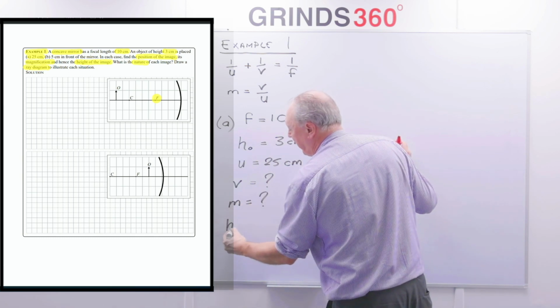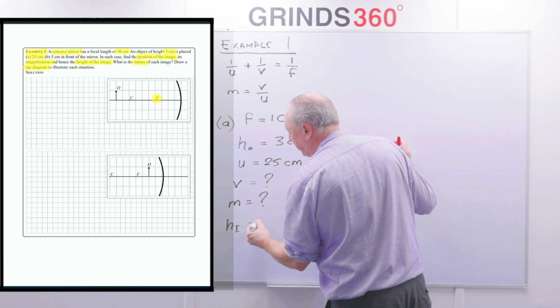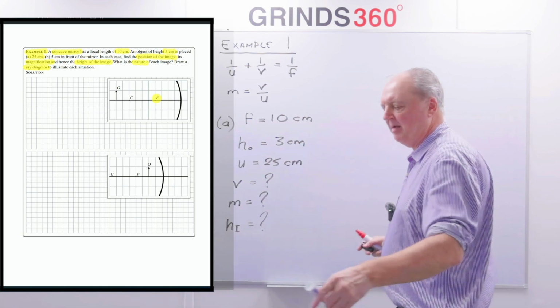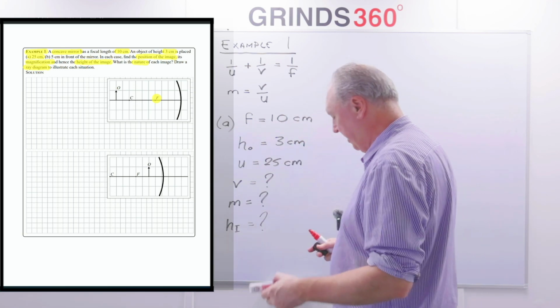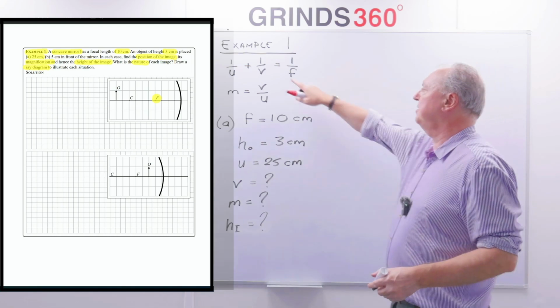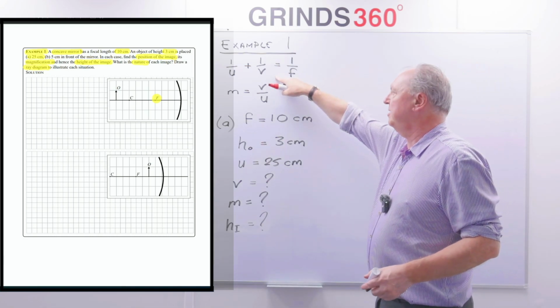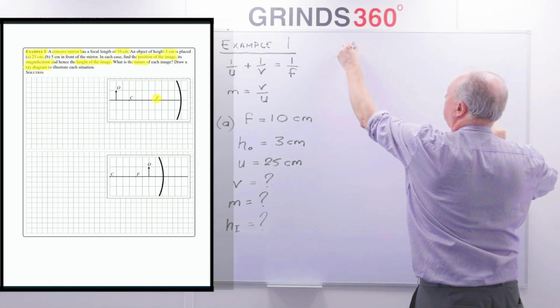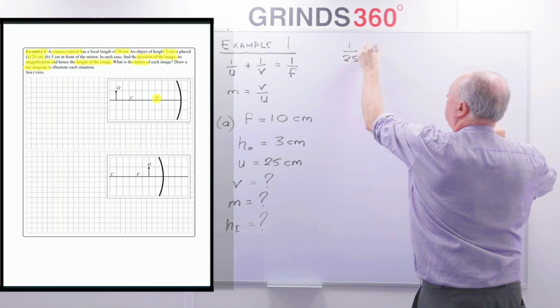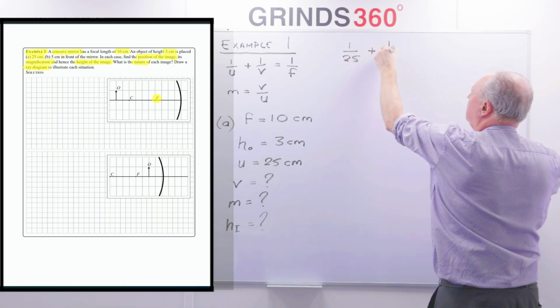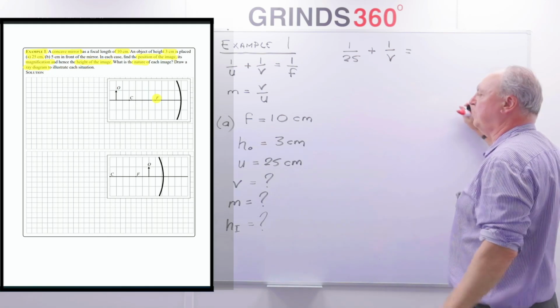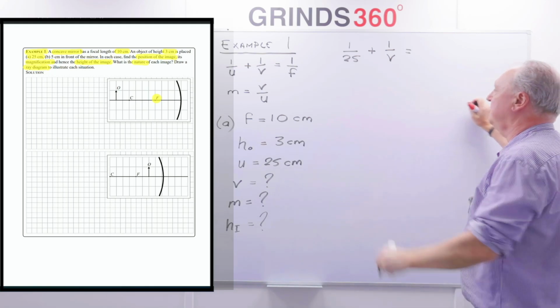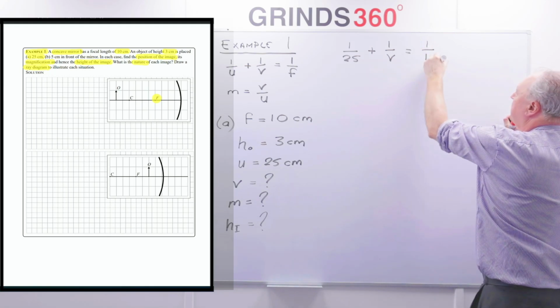And I'm asked to find the height of the image, HI. That's what I'm asked to do. Well, let's start by putting in to the mirror formula my information. 1 over U is 1 over 25, plus 1 over V, and that's equal to 1 over F, which is 1 over 10.